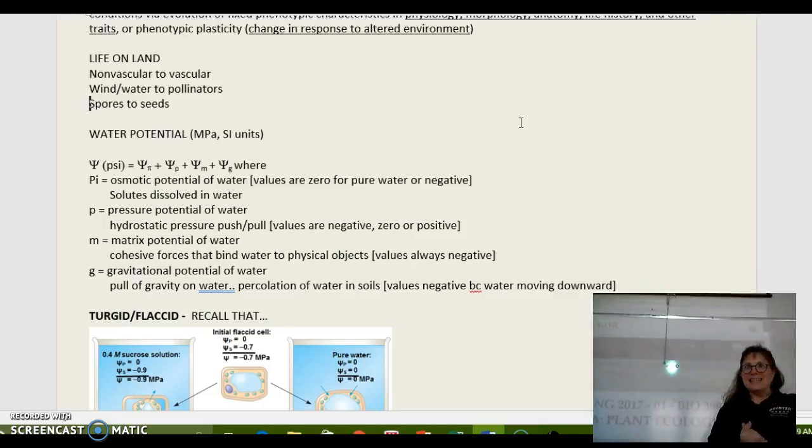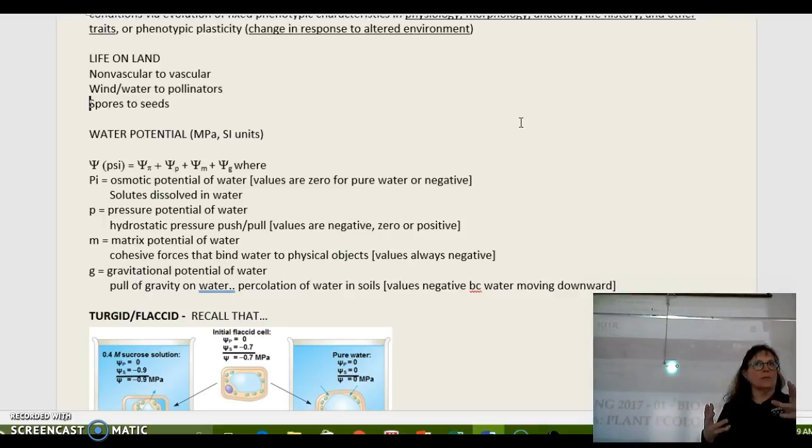They are naked seed producers, and then we move into our most highly evolved group of plant organisms, our flowering plants, the angiosperms. They have the most complex vascular tissue system of the plants categorized in the plant kingdom.